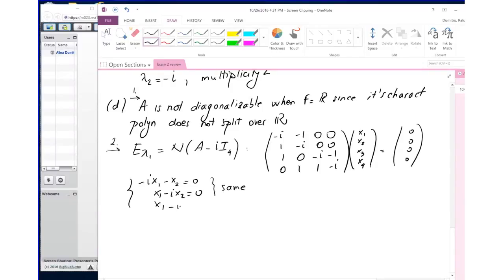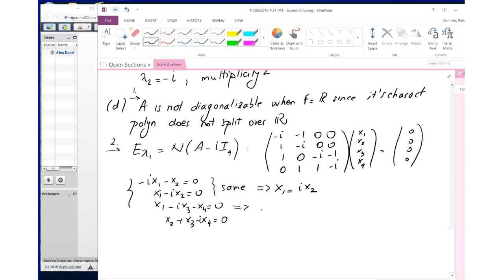Okay, then x1 minus i x3 minus x4 is 0. And x2 plus x3 minus i x4 is 0. Which I suspect they are the same again.